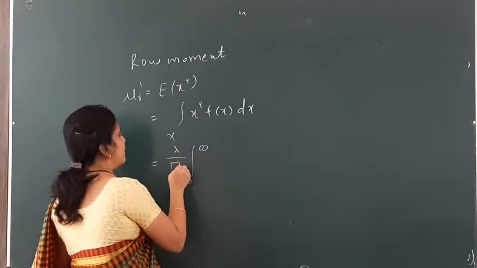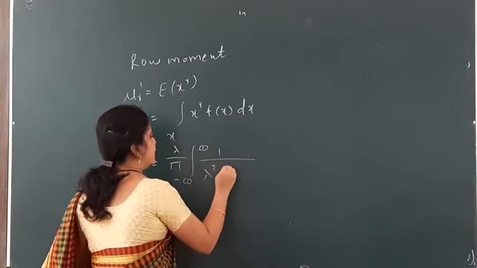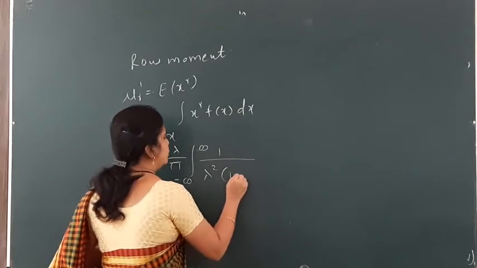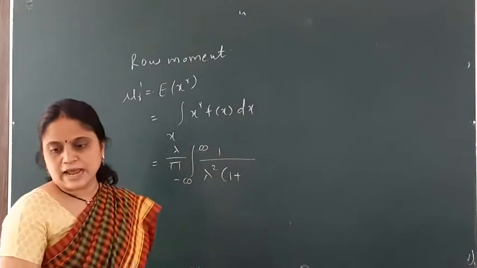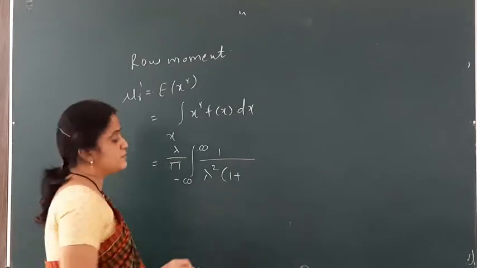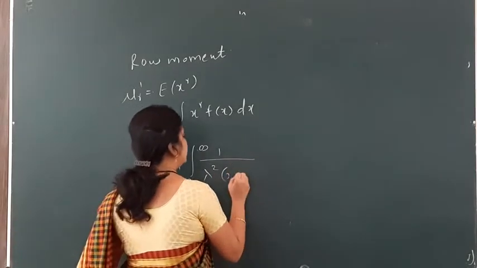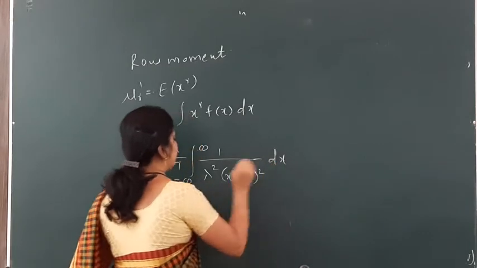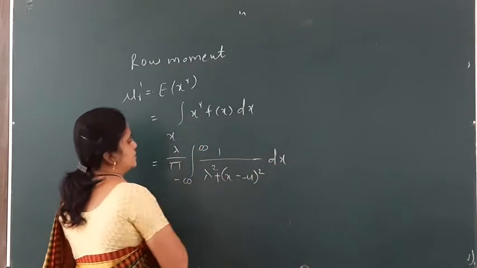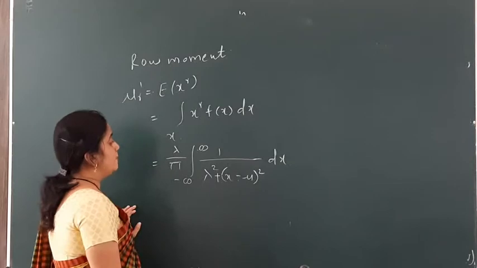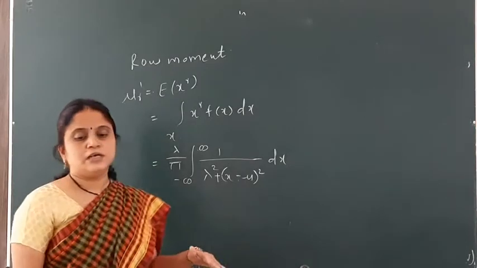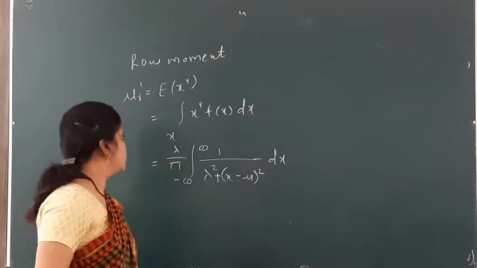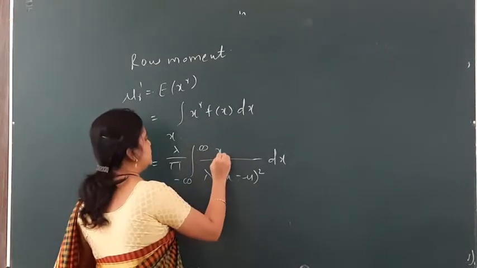Lambda divided by pi, 1 upon lambda square plus x minus mu bracket square, dx. But if we see the integral, x raised to r term is there.